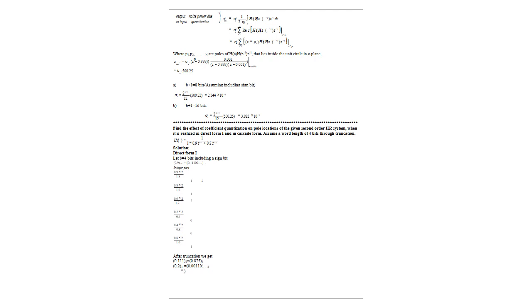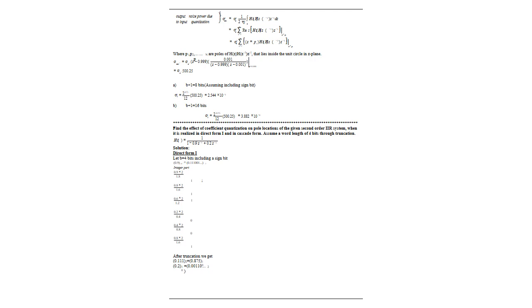Substituting the values, this is the sum for i equal to 1 to n of the residues of h of z h of z inverse z inverse at z equal to p i, where p1, p2, up to pn are the poles of h of z inverse that lie inside the unit circle in the z plane.